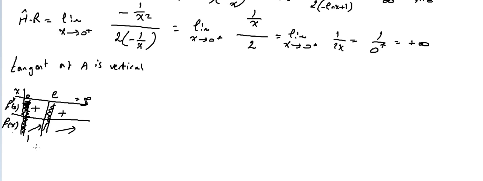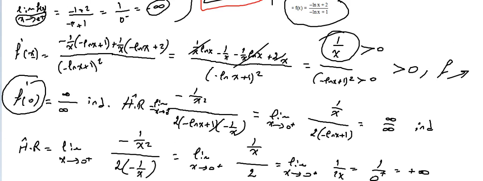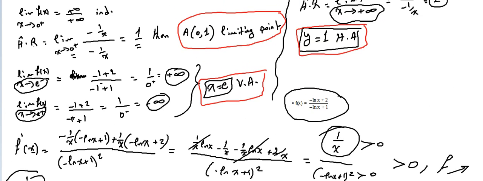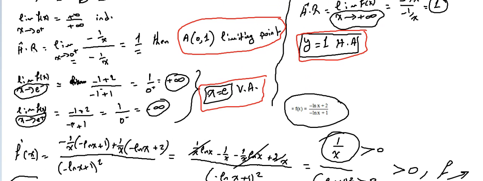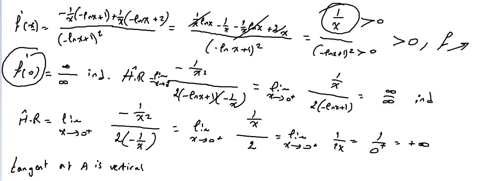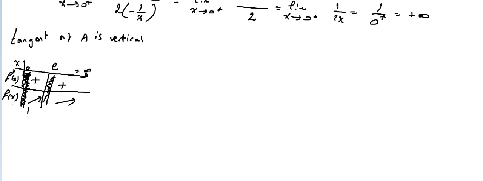And this is 1. As x approaches 0 plus, the limit is equal to 1. The limiting point was (0, 1). It's not exactly (0, 1), it seems like it's touching this point (0, 1).